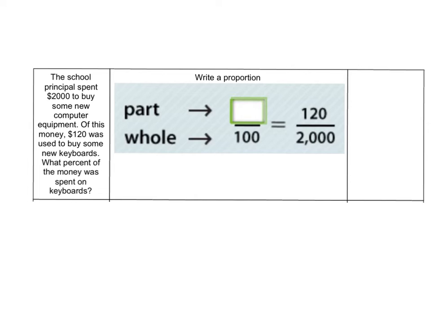So we're trying to figure out what number goes here with our 100, matches our $120 that was spent to buy some new keyboards. And this $2,000 was the total amount spent. So we're trying to figure out what number fills in that to make two equivalent ratios, or a proportion.